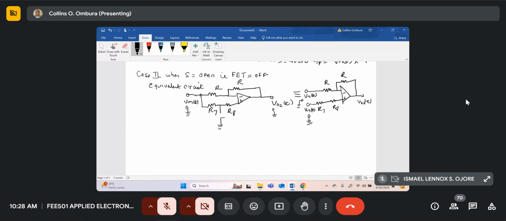So since the op-amp is being operated in linear region, we can use the principle of superposition, where V02, which is the output of the op-amp, is the summation of the response due to source connected to the inverting input only when the other source is grounded, plus the source connected to the non-inverting input and the first source grounded.